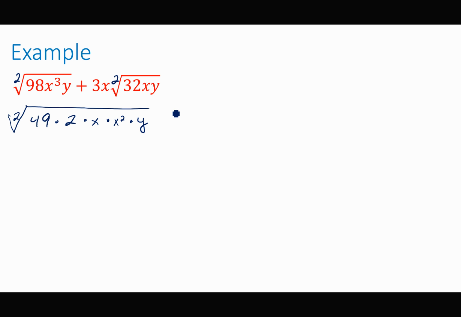The reason I'm separating those is because now I can do this all as 1. So my properties of square roots, whatever I have under here, I can rewrite it individually as square roots of each term. Well, square root of 49, that's 7.